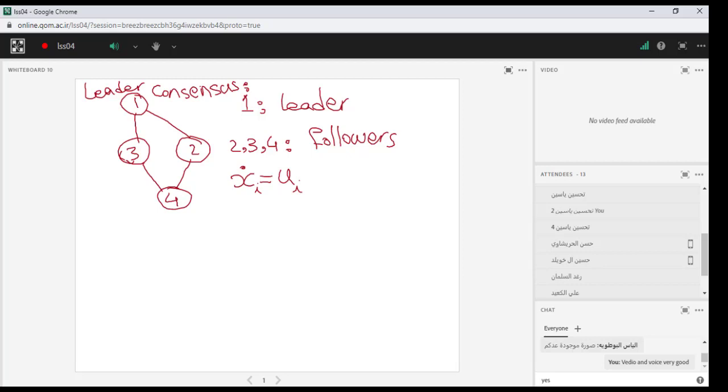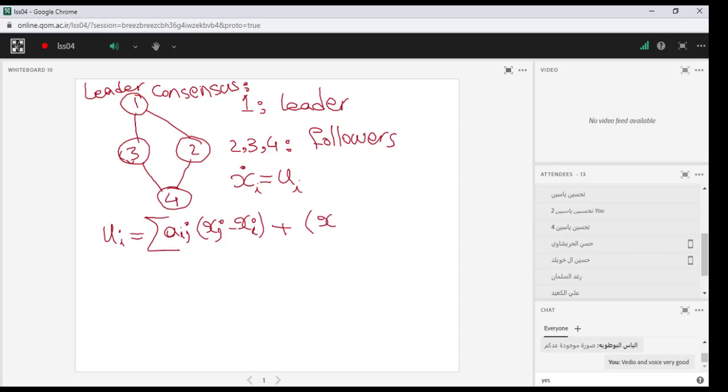I want to design a controller for this system. ui equal to, we should define the consensus, sum of aij times xj minus xi.